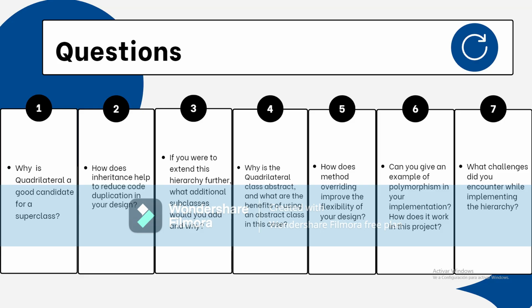If you were to extend this hierarchy further, what additional subclasses would you add and why? I would add other subclasses that have subclasses inside of them, like for example, as we know, we have parallelogram that has rectangle and square.